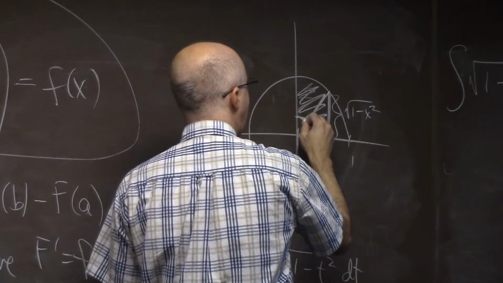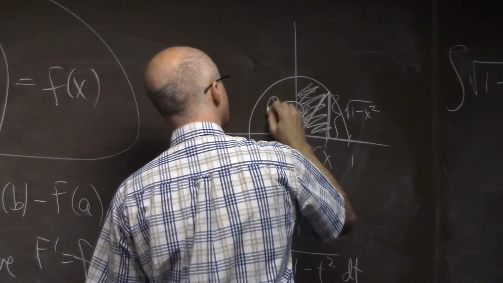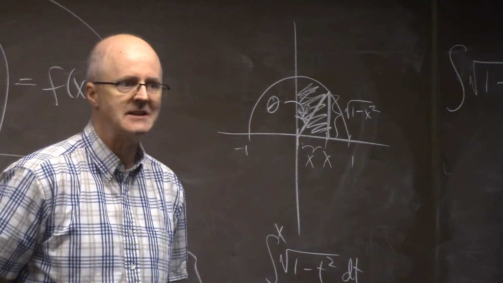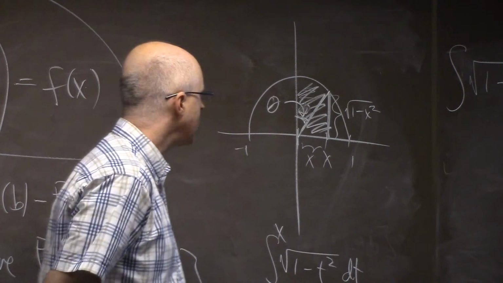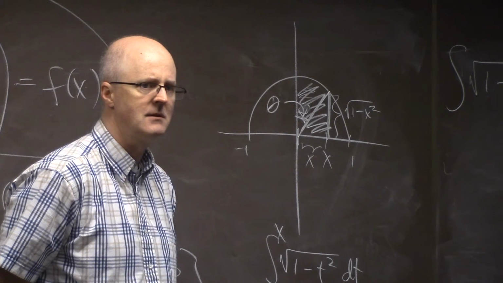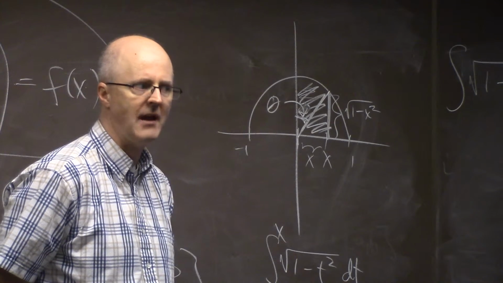If you call the angle here theta, there's a theta in there, right over here. Turns out the area of a sector of a circle when theta is in radians is 1/2 theta times the radius squared. Now the radius is 1, so the answer there is just 1/2 theta.